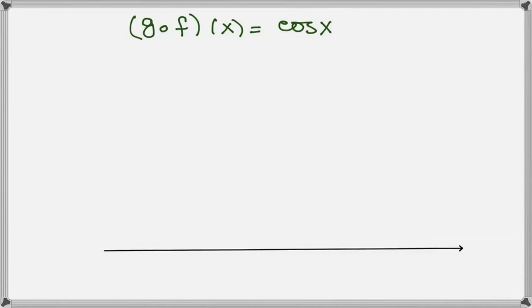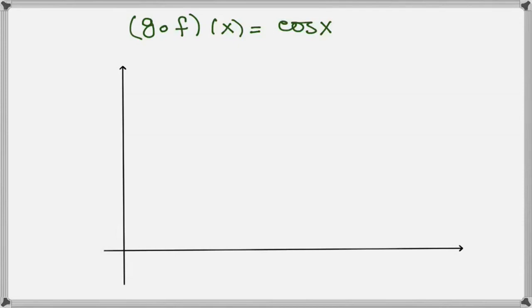Now note that the function g compose f of x is nothing but the function cosine of x. Now to find out the area bounded by all those four curves, we shall try to draw a picture. Let this be our x-axis and this be our y-axis.